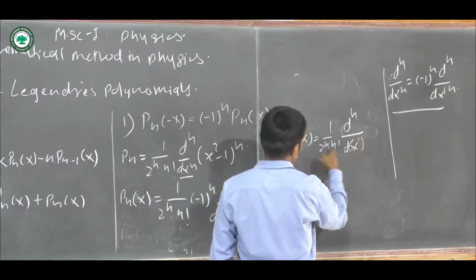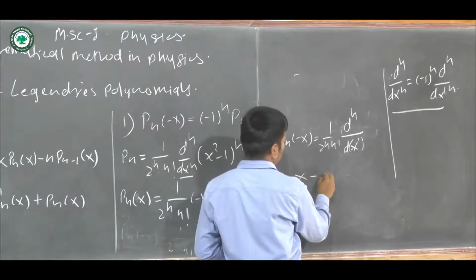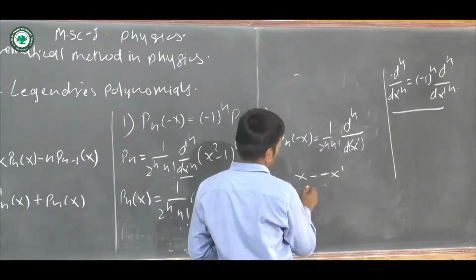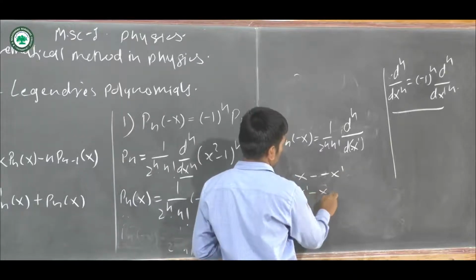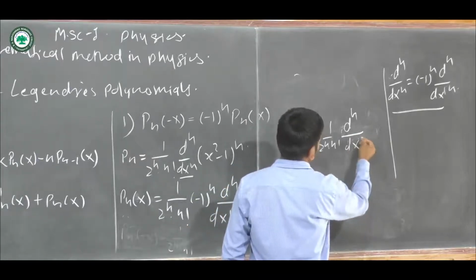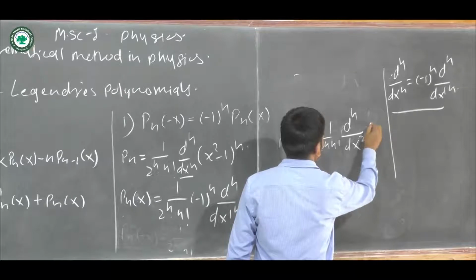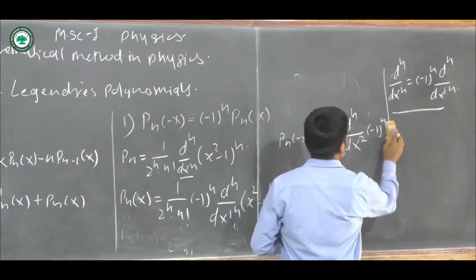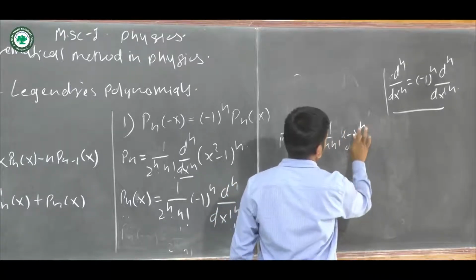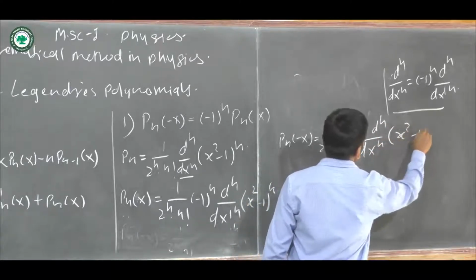Okay, here these x primes, actually we replace x with minus x prime, and x prime with x, that's it. Okay, and it is minus 1 power n into d power n by dx power n into (x square minus 1) power n.